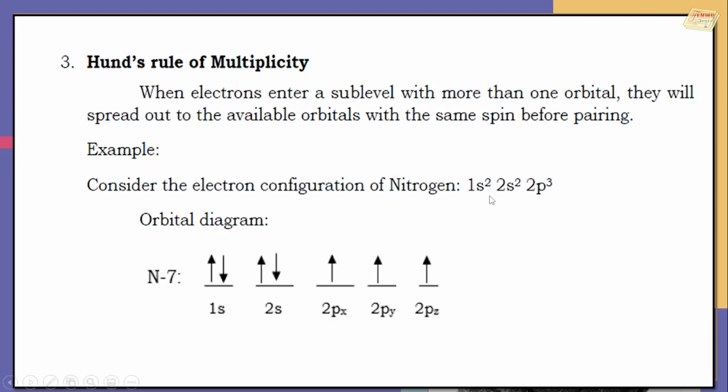Therefore, the electronic configuration is 1s2, 2s2, 2p3. The orbital diagram will look like this one. The 3 arrows here will spread out to the available orbitals with the same spin before they are paired. Did you understand now?